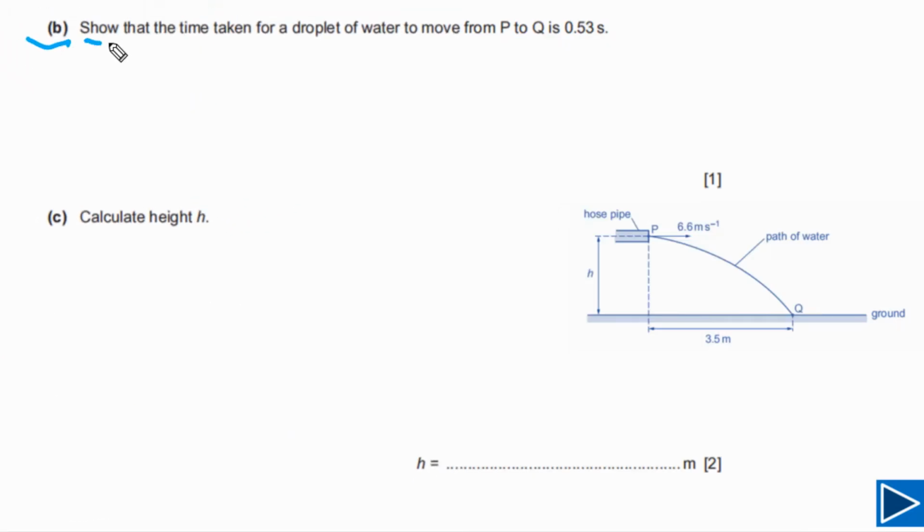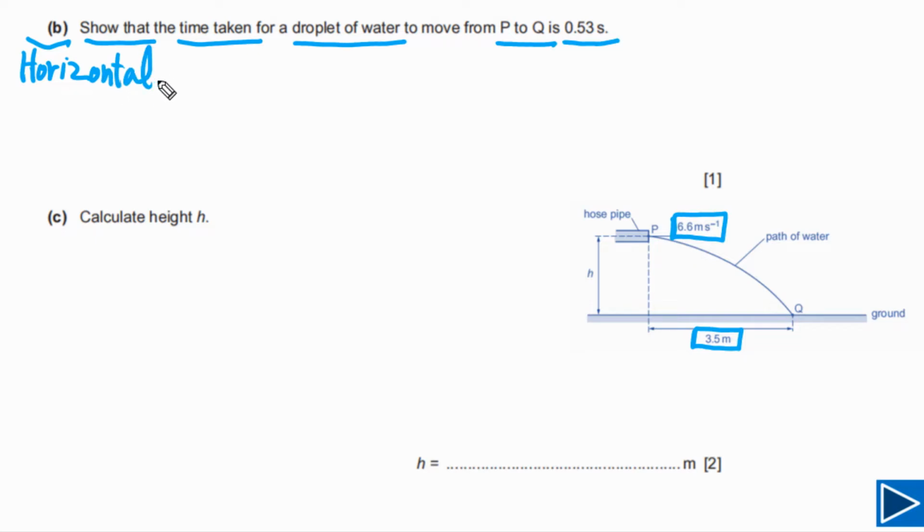For part B, we need to show that the time taken for a droplet of water to move from P to Q is 0.53 seconds. For this question, we have horizontal velocity. So horizontal velocity is given to us, and horizontal displacement is also given. So we can consider horizontal motion and find out the value of time.